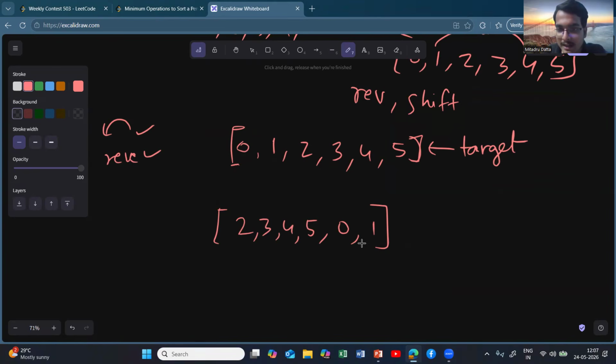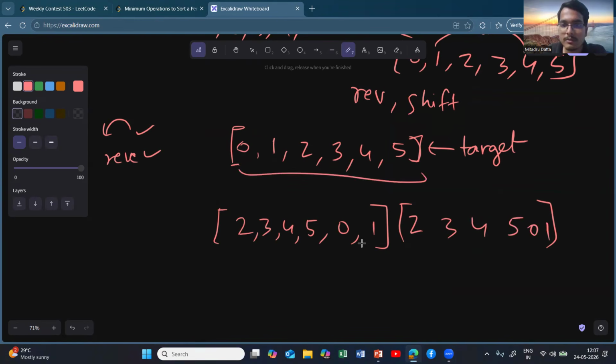That is, if you write the array 2 times side by side, then you will get what you want to achieve. That is, you want to achieve this 0 1 2 3 4 5. You see, for this part, it is just 0 1 2 3 4 5. So this array should be cyclic in nature in order to form it, or it should be reverse also. It can be reverse also.